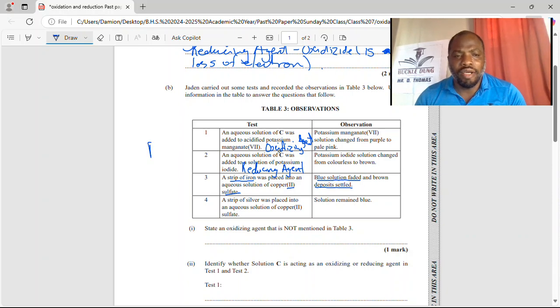Now, iron is above copper, and the rule is any element that is above another element can displace it. So right here, what is happening is that the iron is displacing the copper from the sulfate, forming iron sulfate, and so that's why you see the blue solution fading, and you actually have now a brown deposit.